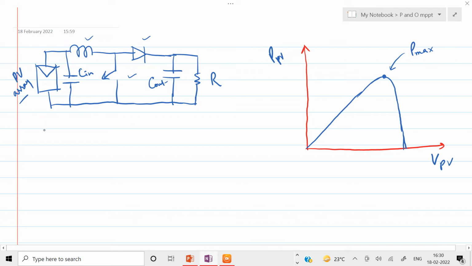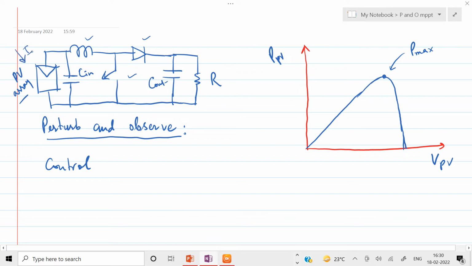So what is the logic of the perturb and observe method? What is the parameter that is in our control? Can we change the inductance? Can we change the irradiance? No, these things are not in our control. Load, no, the load is fixed.